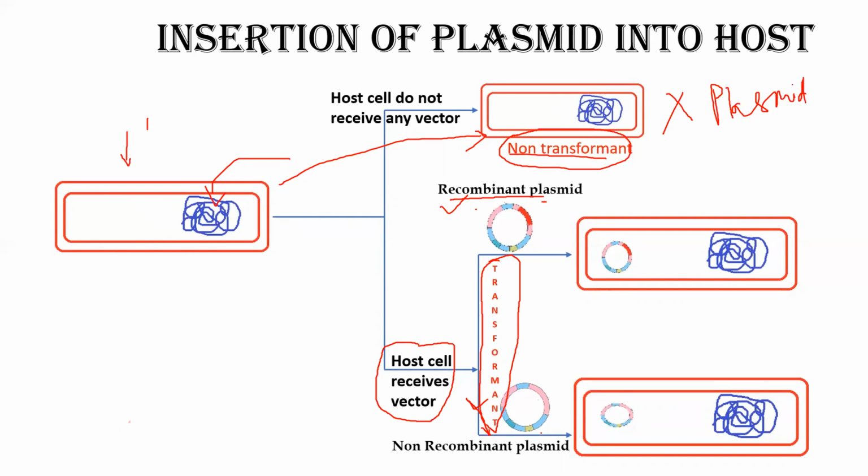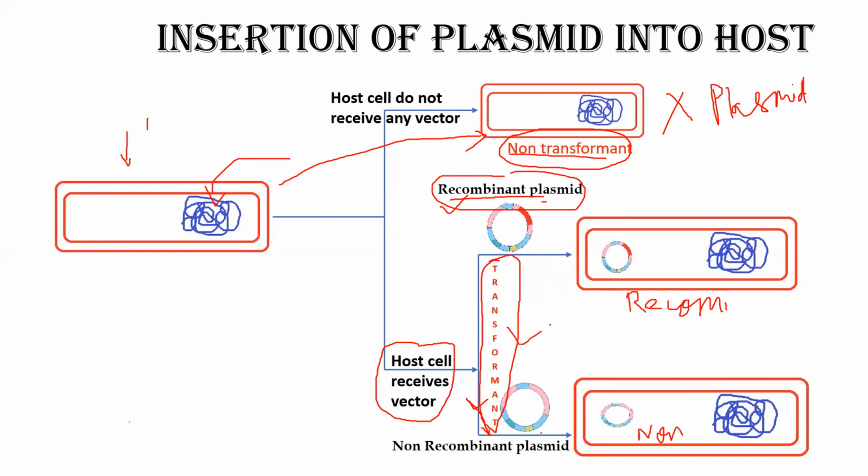Now, the question comes, which plasmid has it taken? In case it has taken a recombinant plasmid, then we will call it a recombinant. And in case it has taken a non-recombinant plasmid, then we will call it a non-recombinant.